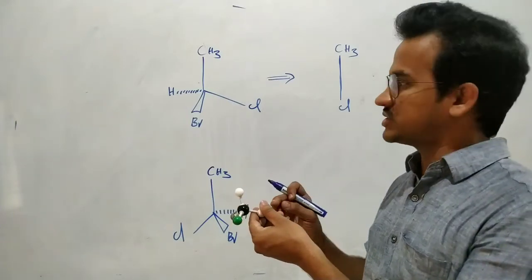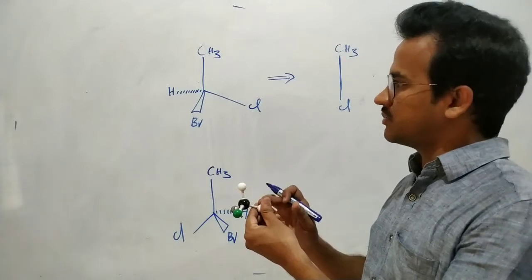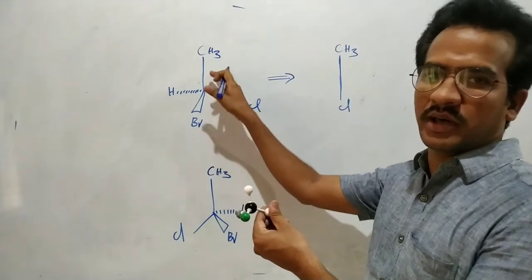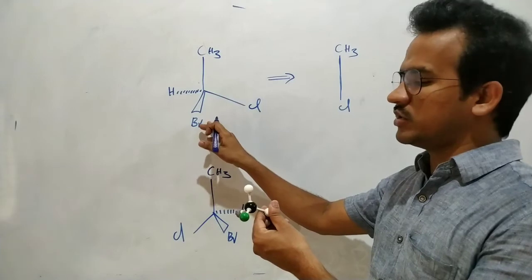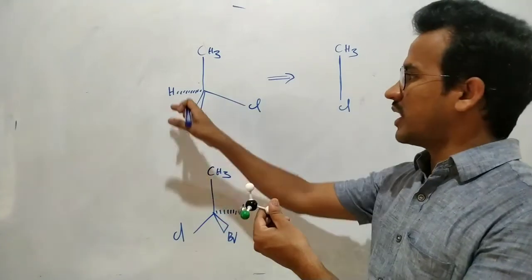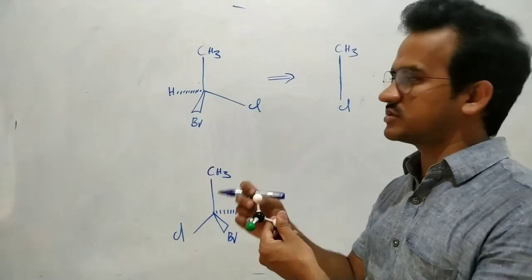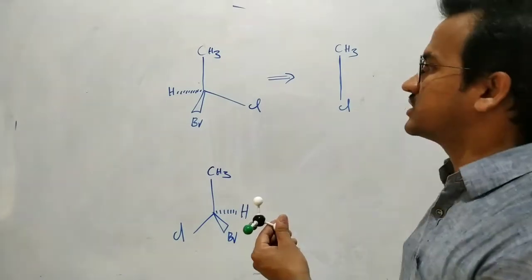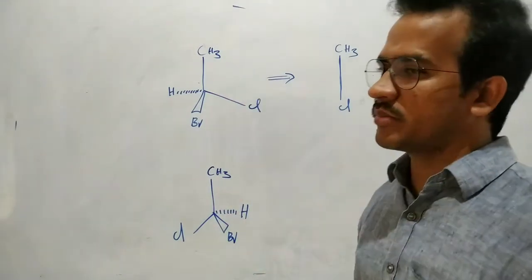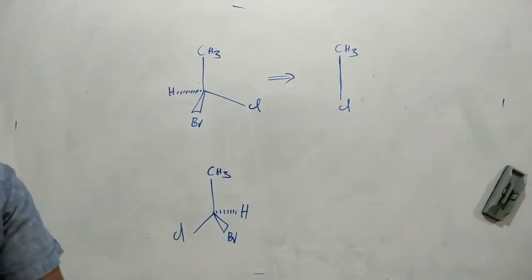These two bonds on the plane are represented by normal lines, and one bond above the plane is a green ball, and this hydrogen below the plane is a gray hydrogen.